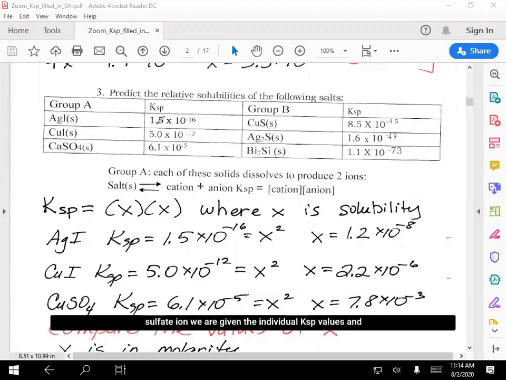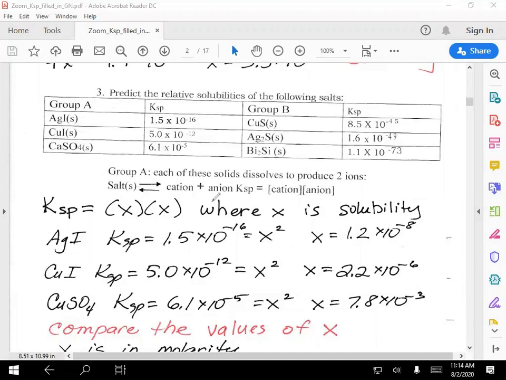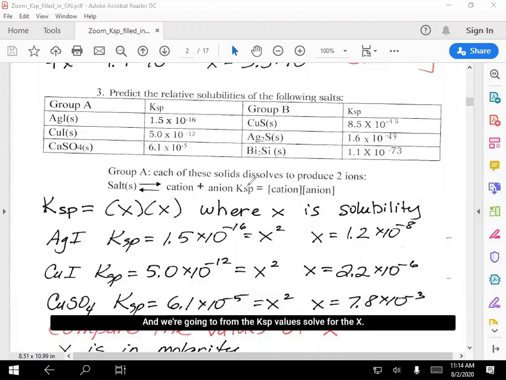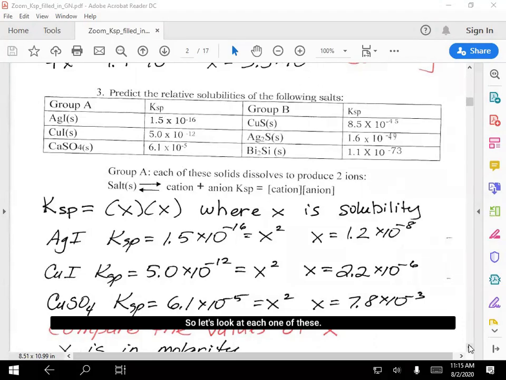We are given the individual KSP values, and we're going to look at group A first and compare the KSP values. And from the KSP values, we're going to solve for the X. So let's look at each one of these.